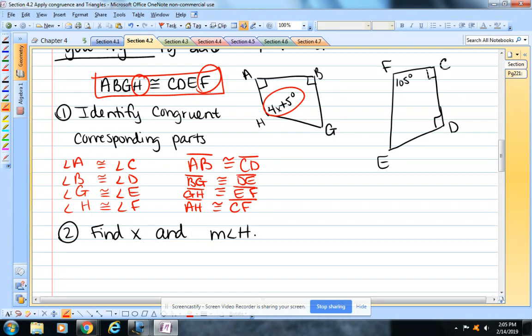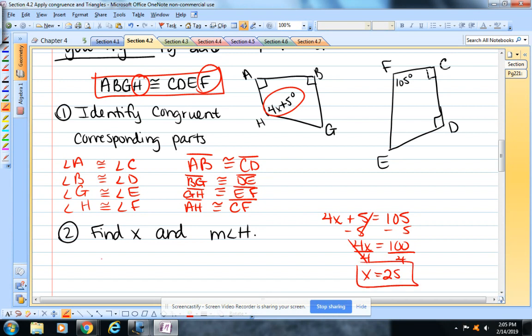So how am I going to solve for x? 4x plus 5 equals 105. Subtract 5 everywhere. 4x equals 100, divide by 4, and x equals 25.